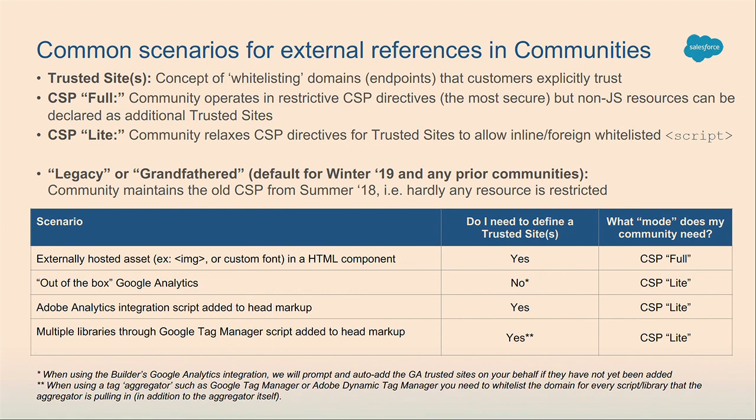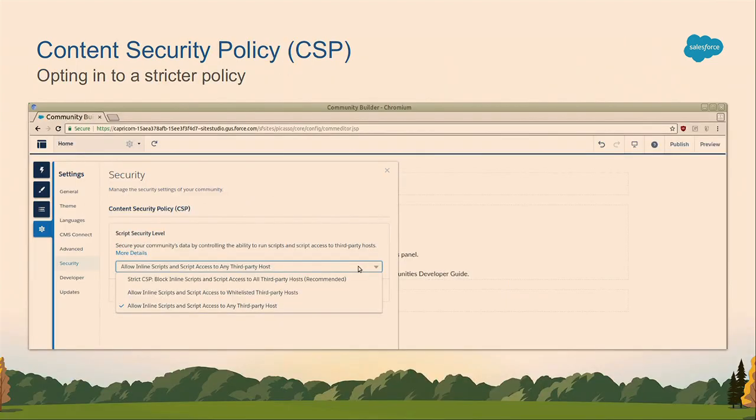Generally, you want to stay in CSP Full mode, but there are circumstances where you'll need to change. Where you do this, there's a new section in the settings panel of Lightning Community Builder called Security. The default option is the third one, the grandfathered one. It allows everything.